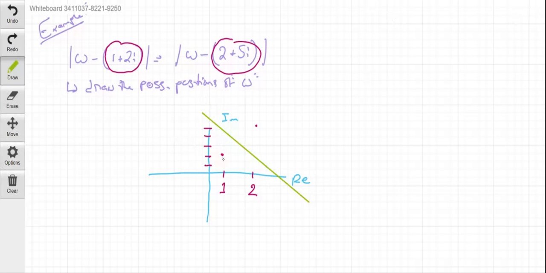Oh, right. So this is what I was talking about. So we have a line that is approximately going right through the middle of these two complex numbers.